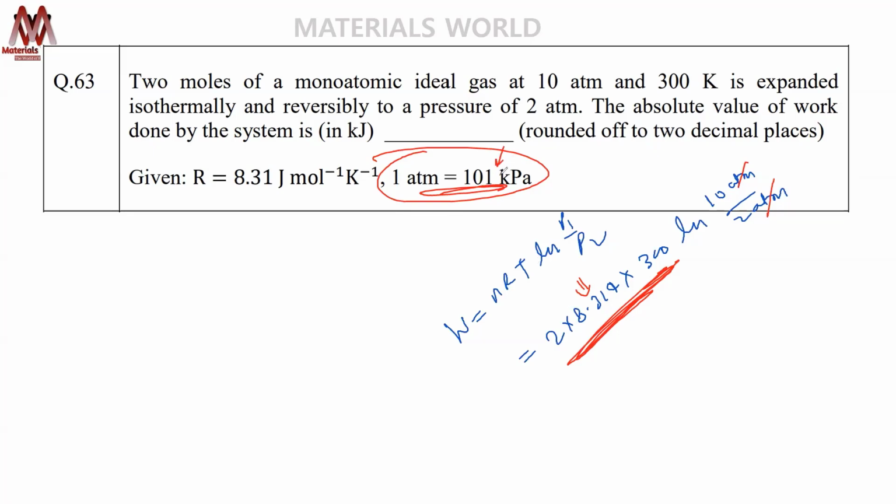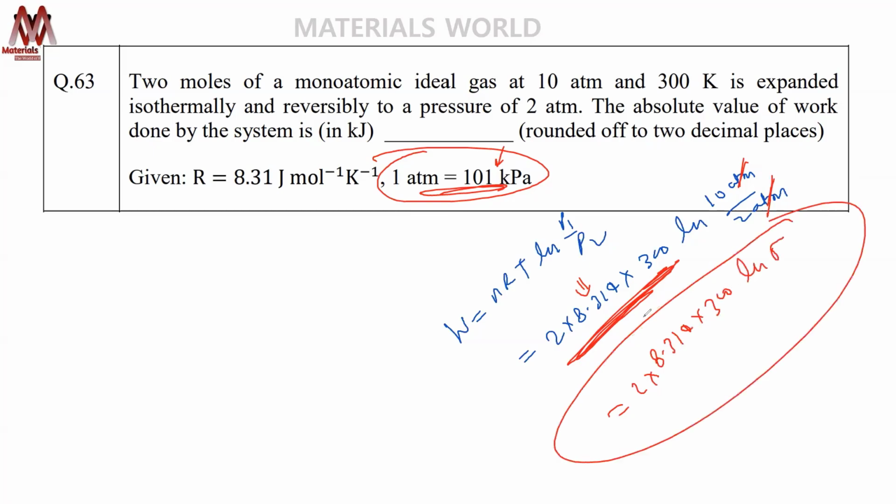So you get 2 into 8.314 into 300 ln 5. You solve this, and this will give you the answer.